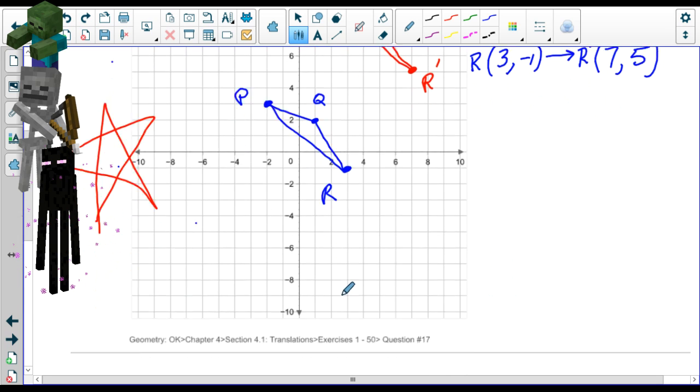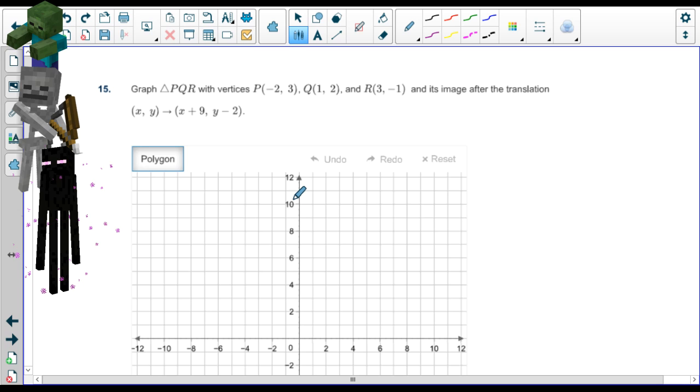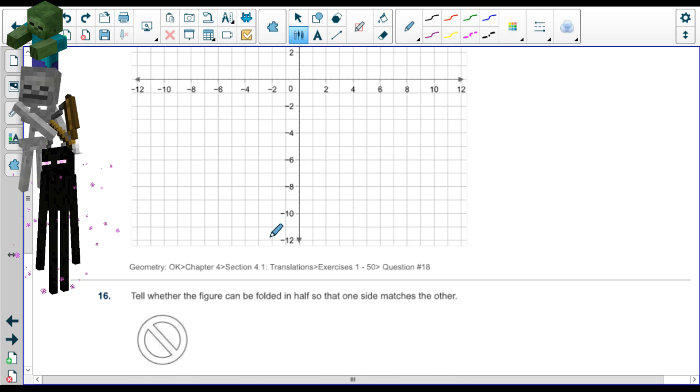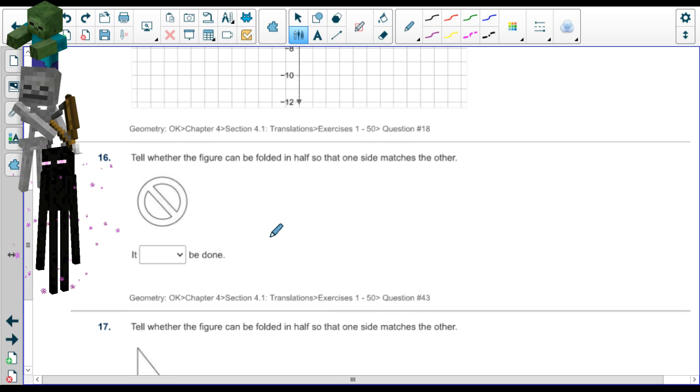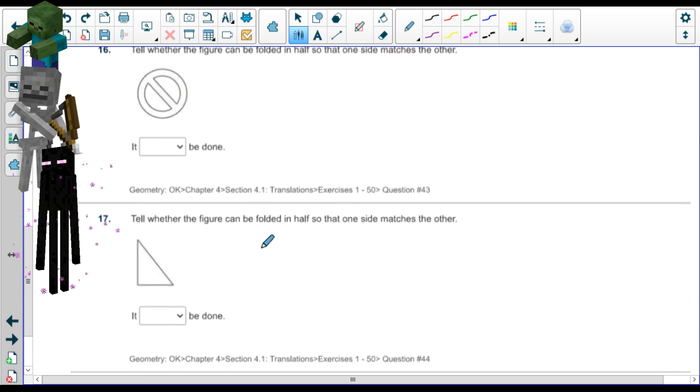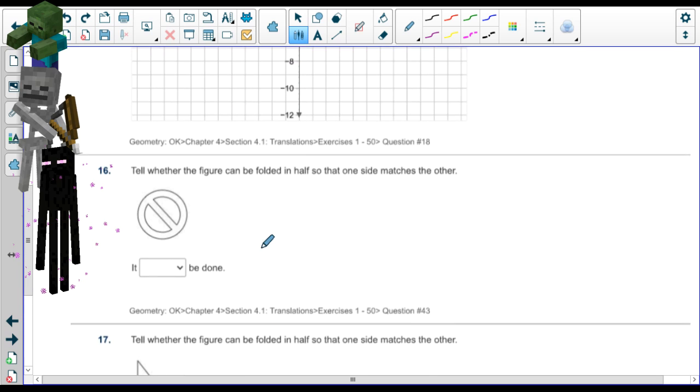Okay. Now on number 15, I want you to try that one yourself. Now, as we come to these last problems, the rest of this is just kind of review, and it's kind of preparing for what we're doing in our next lesson. So on 16, we're saying, tell whether the figure can be folded in half. So they're asking, is it symmetric? Can you fold this in half?